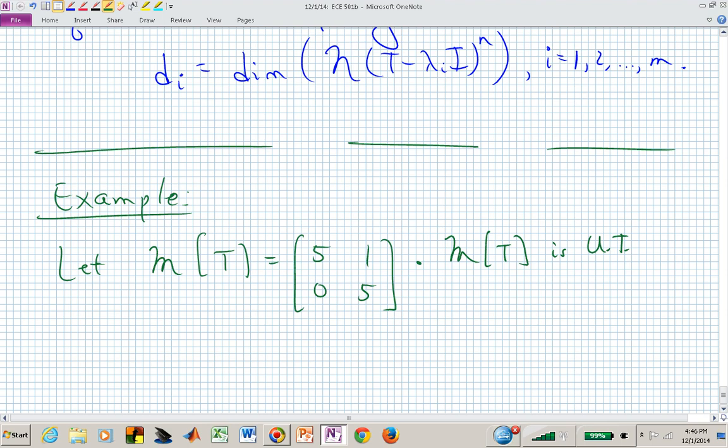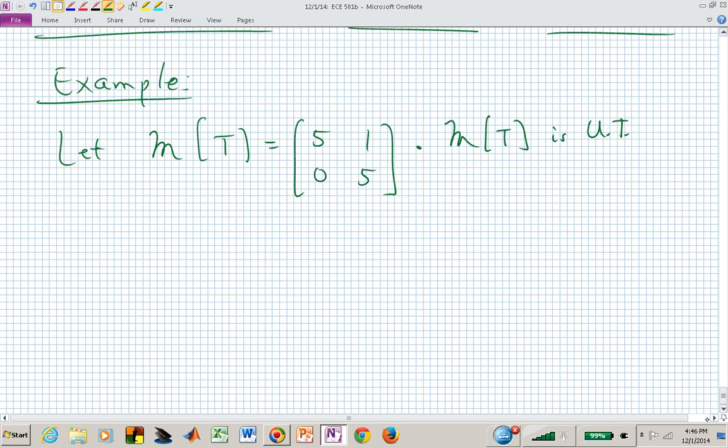Here's an upper triangular matrix representation of some linear operator. Now, based on what we just said, what are the eigenvalues? We only have lambda equal to 5. 5 is the only eigenvalue, and it's duplicated, or its multiplicity is 2.